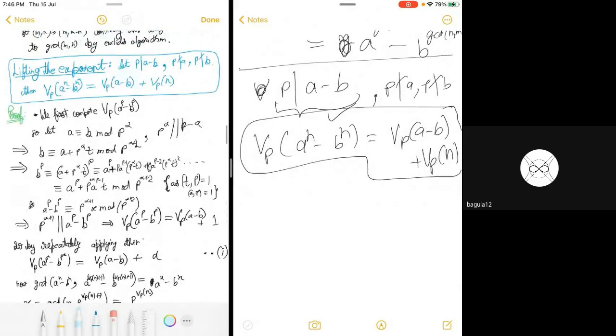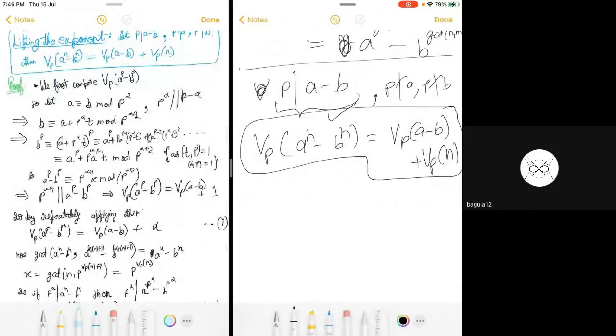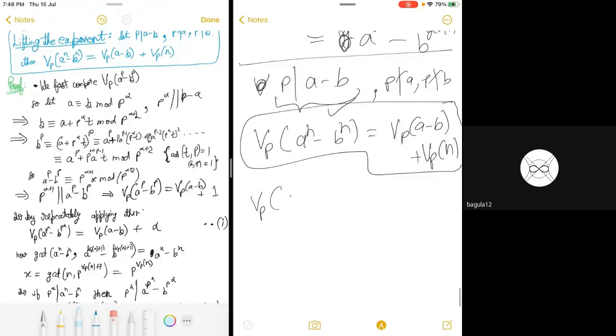So now we will prove this. Firstly we will show that Vp of A to the P minus B to the P is equal to Vp of A minus B plus 1.